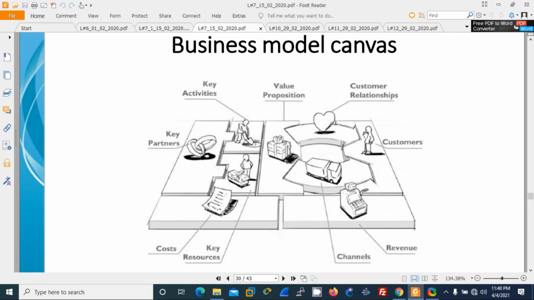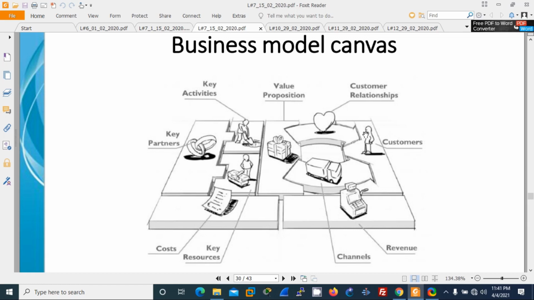Then you need to understand the values you will be delivering to each customer segment you have identified. Then how you are planning to create the relationship with the customer, and through which modes, either online or any other mechanism, you are going to deliver that value to the customer in order to maintain that relationship.